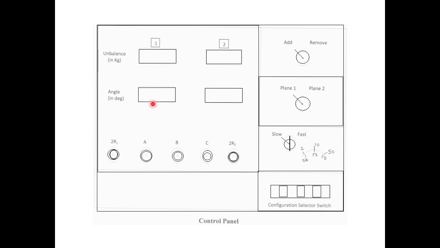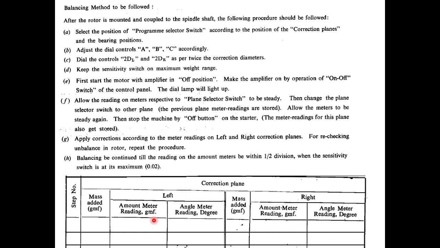We are placing those correction masses, but it is not that this will give us perfect balancing in a single run. So this amount meter reading will go on reducing. At least 2-3 runs are required. This is clear.